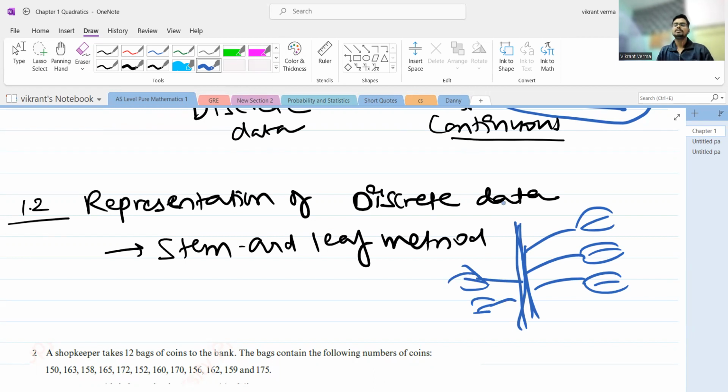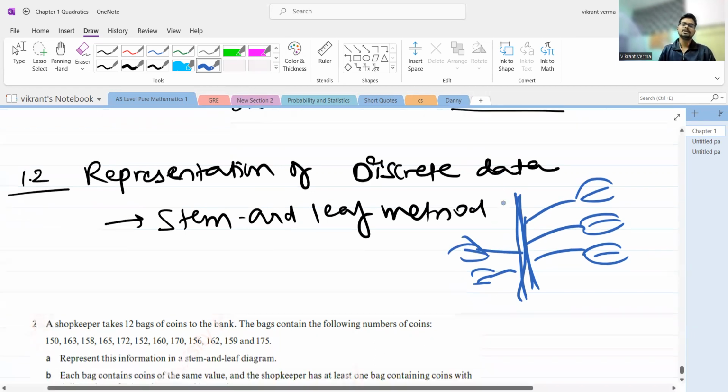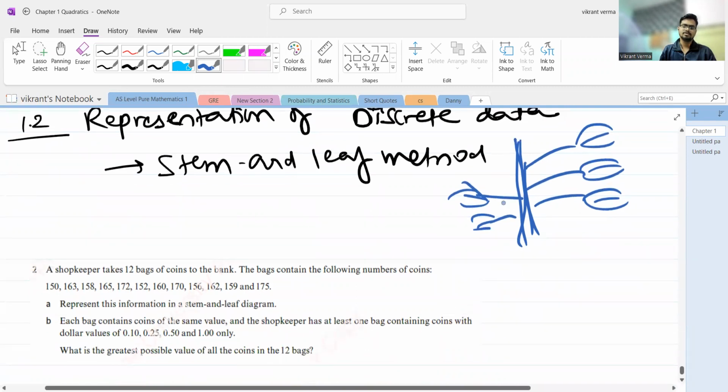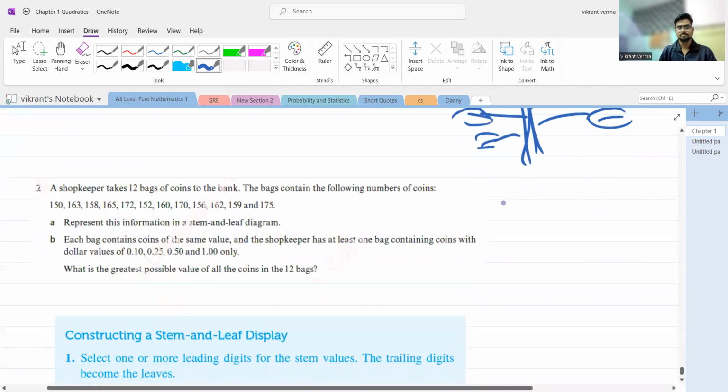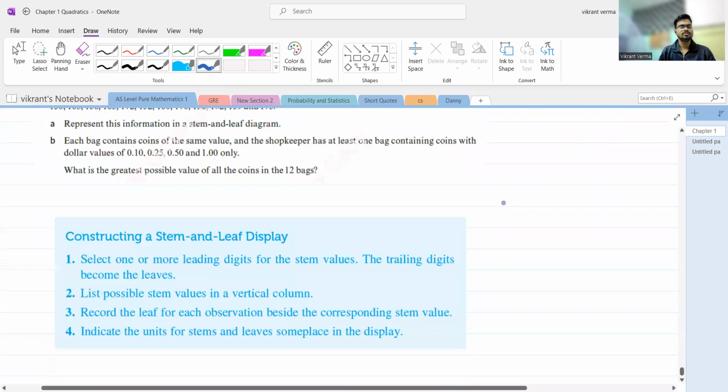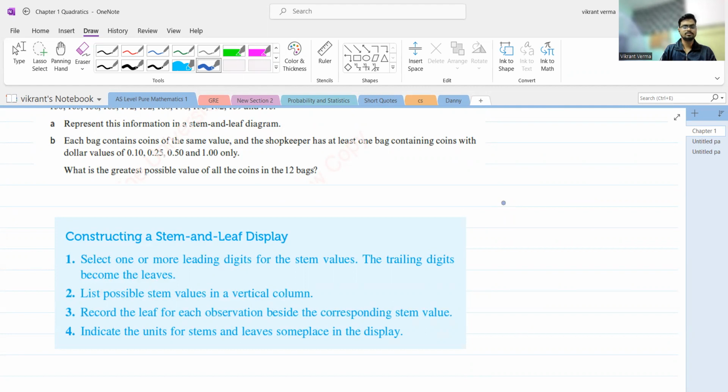The data can be pictorially represented in this manner, but we will see how. Here I have shown some of the steps to construct a stem and leaf diagram, and we will follow these steps to solve the first part of this question from your textbook.